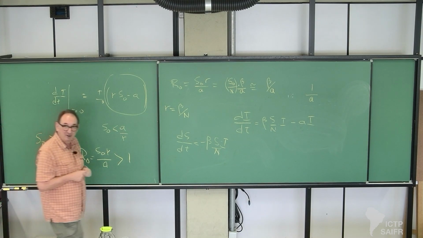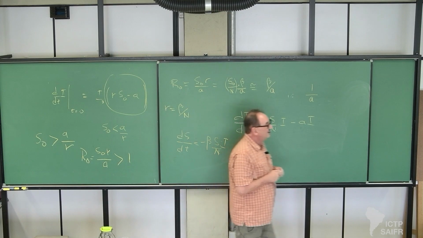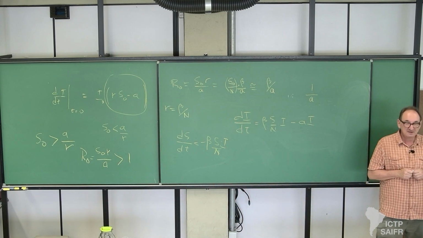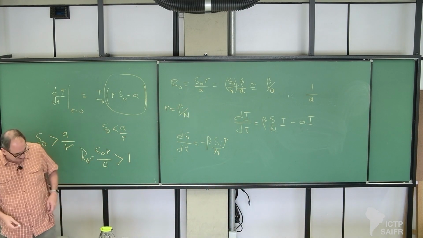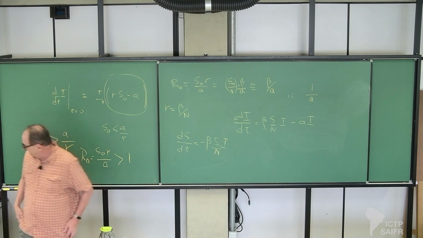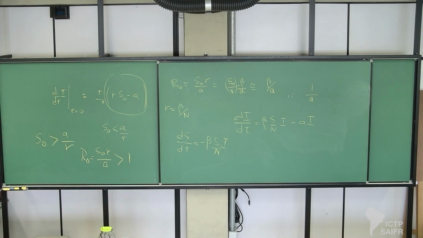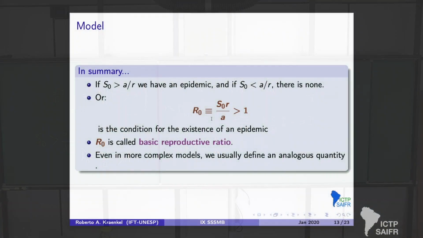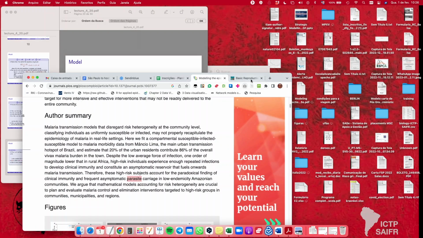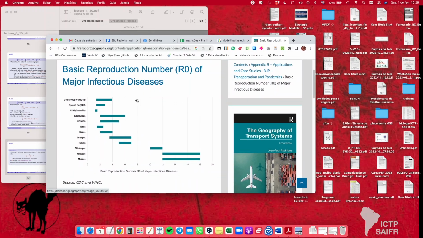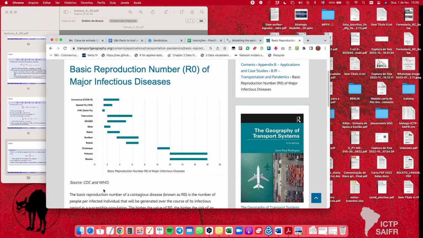So before we go for the coffee break, let us explore a little bit what values of R0 are around. I found a place, Wikipedia or whatever, with this table, the typical thing produced by the American Center for Disease Control and the World Health Organization.